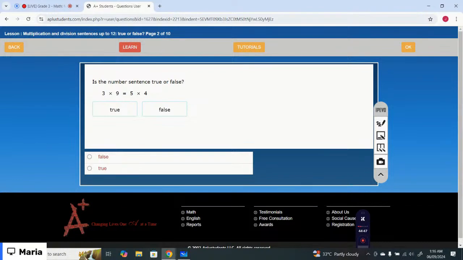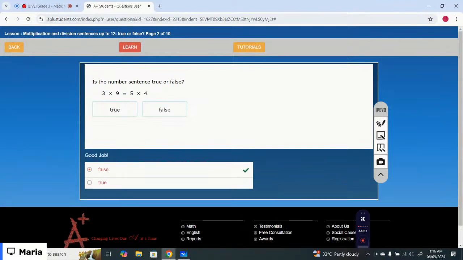The correct option is false it is, right? Option number 1 is the correct option. 3 times 9 is 27 and 5 times 4 is 20. So false it is. Very good.